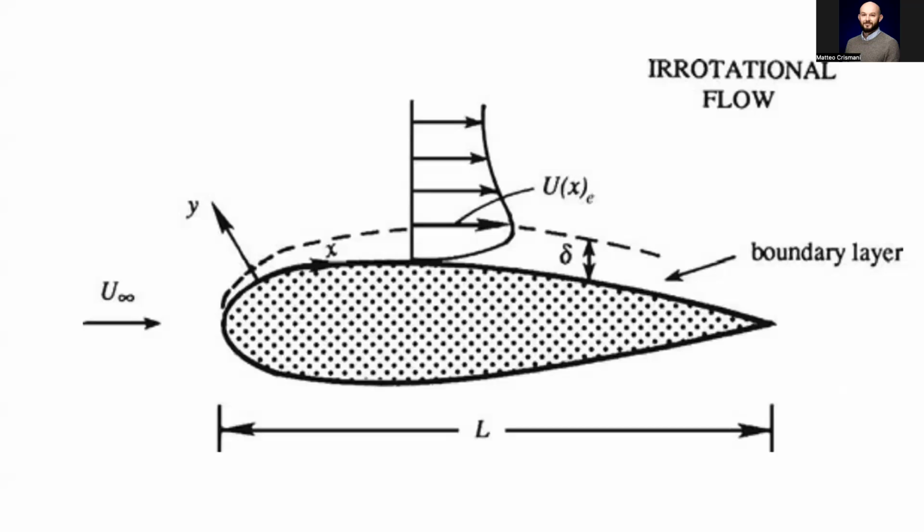So for a thin boundary layer, I'm going to write here on the right-hand side the steady momentum equation. Steady means, of course, that du/dt is 0.